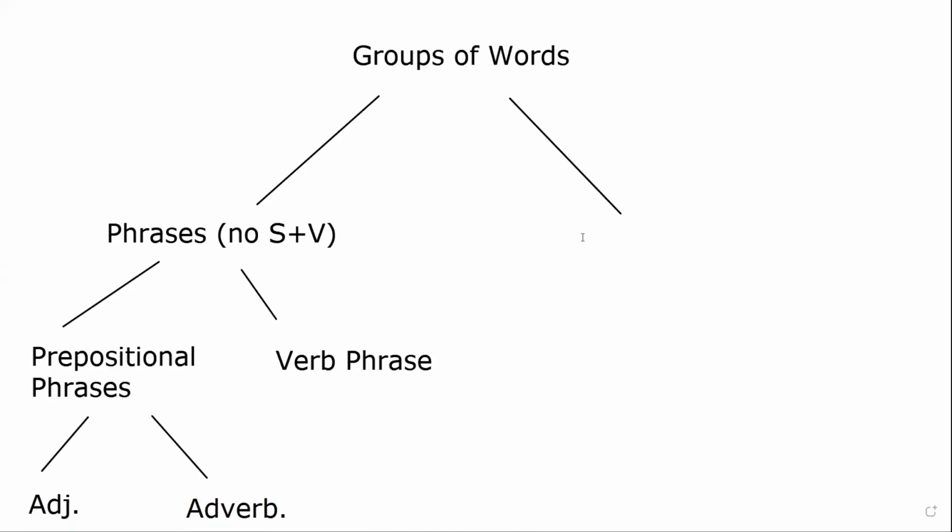Then there's another group of words which has a subject and verb: clauses. It has subject plus verb. There are also two general types of clauses. There's the independent clause, which stands alone.